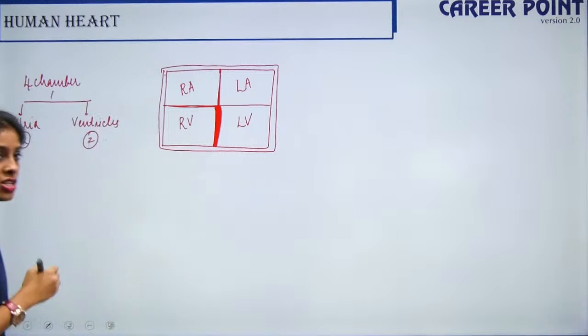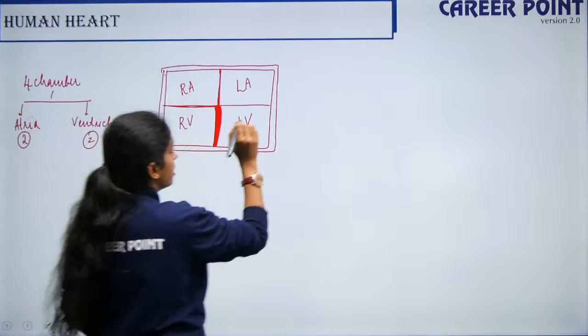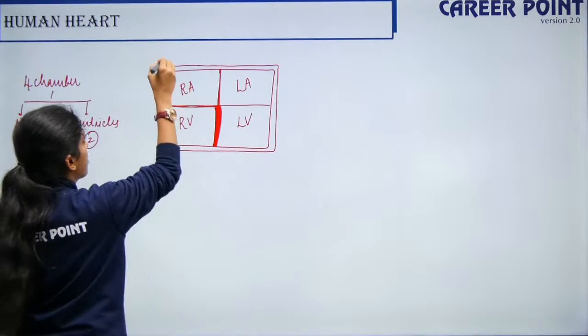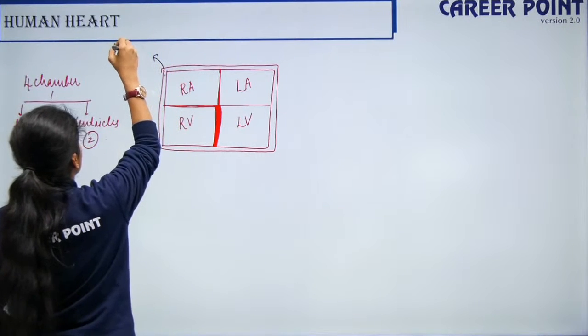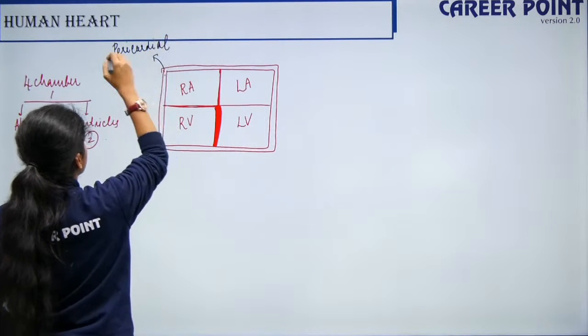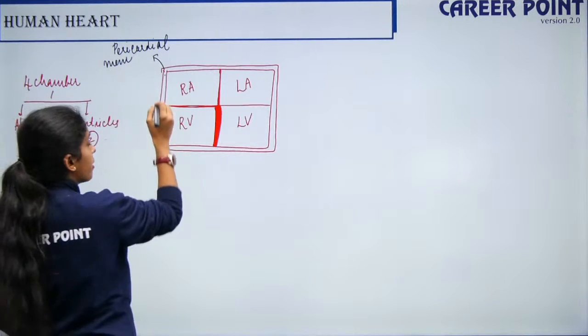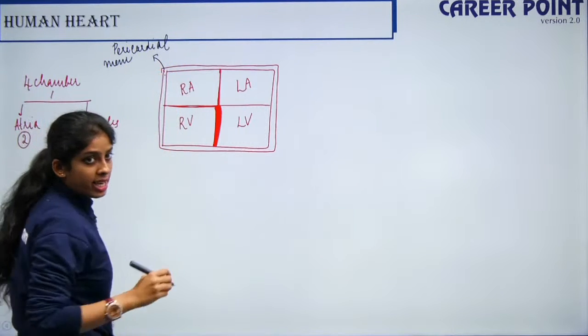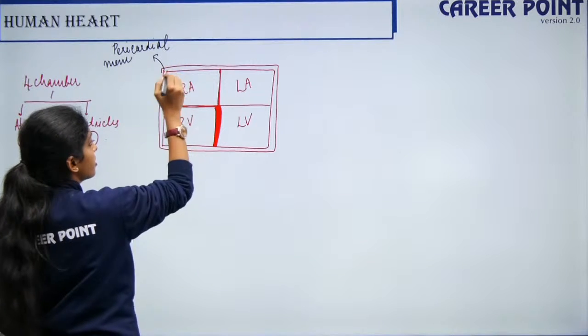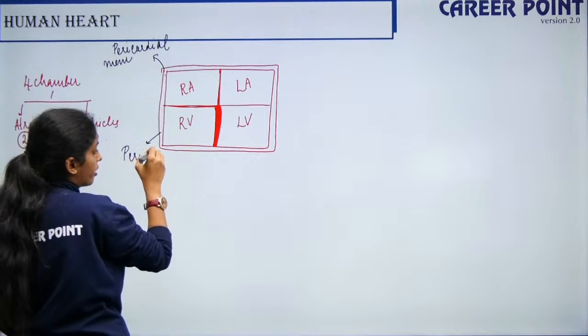Now let's mark the parts. The heart is double layered, a double membrane known as the pericardial membrane: inner pericardial membrane and outer pericardial membrane, and the space is filled by pericardial fluid.